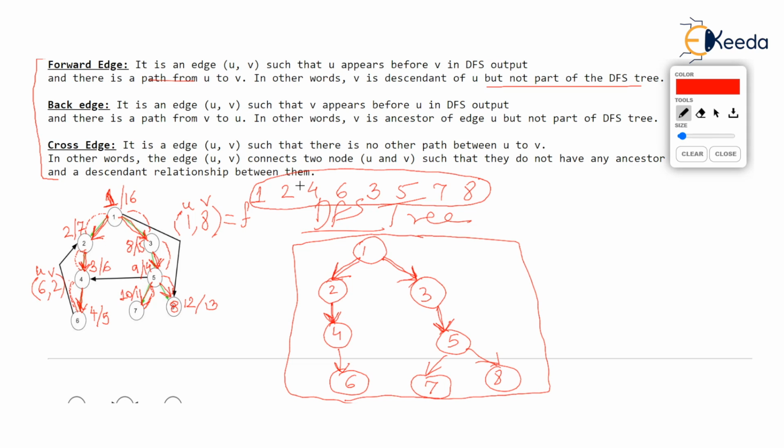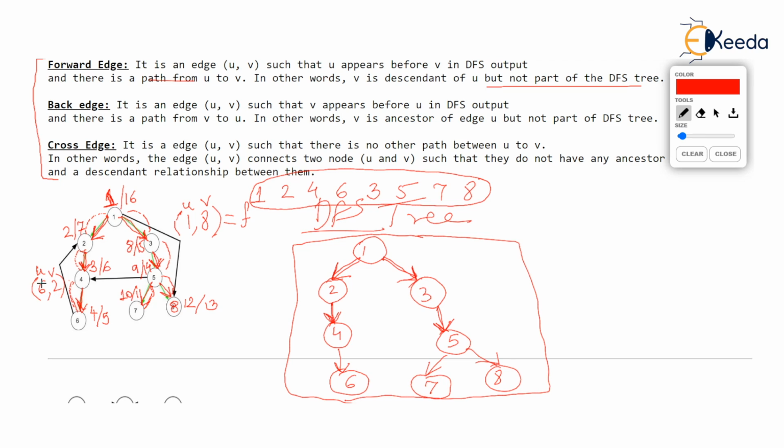So you see the definition of a back edge. A back edge is an edge u comma v, which is of course not part of the tree, such that v appears before u in the DFS output. Now here v is 2. Observe the mouse. V is 2. 2 appears before 6. V appears before u in the DFS output. But that's not enough.